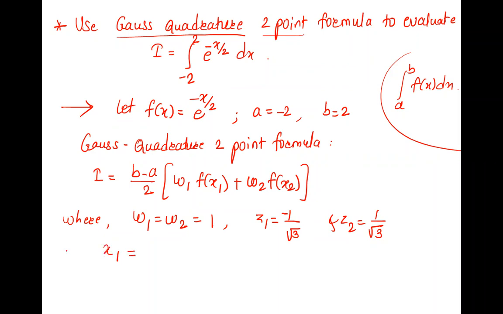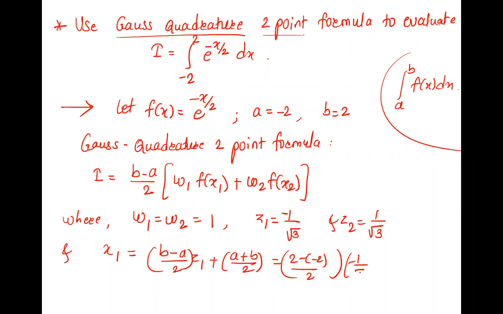So x1 is b minus a by 2 z1 plus a plus b by 2. So put the value of z1, a, b here and solve. So b is 2 minus minus 2, 2 minus minus 2 upon 2, into z1 is minus 1 by root 3, plus a plus b by 2, minus 2 plus 2, 0.